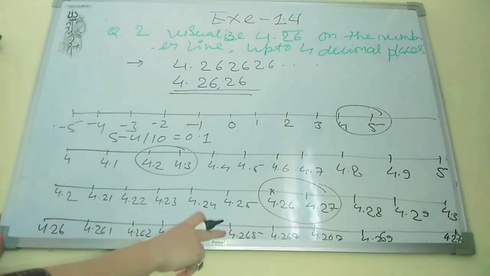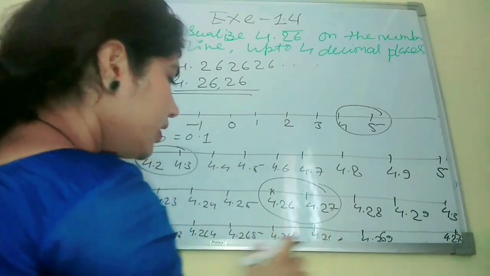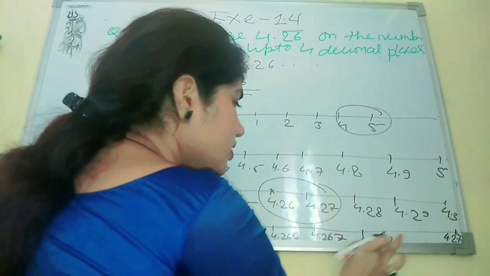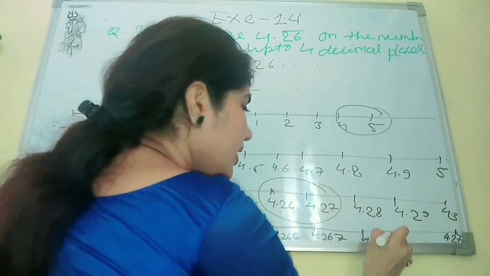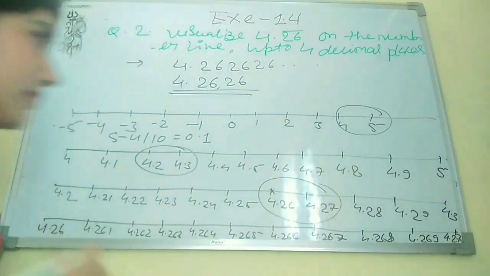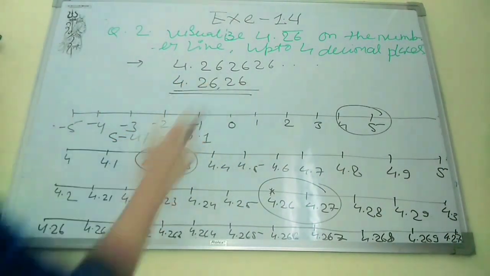Oh, we missed 6. This will be 4.266, this will be 4.267, this will be 4.268, and this will be 4.269. Now we know the position of 4.262.